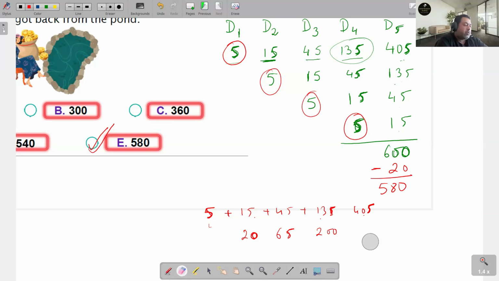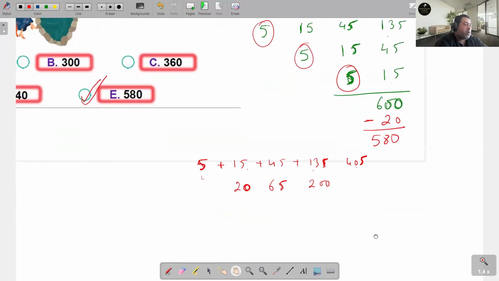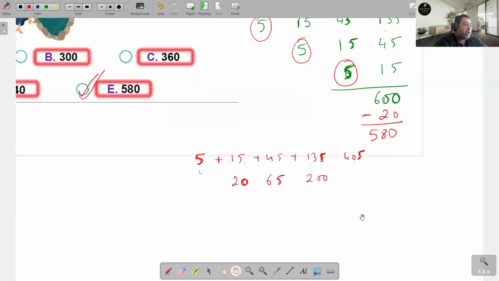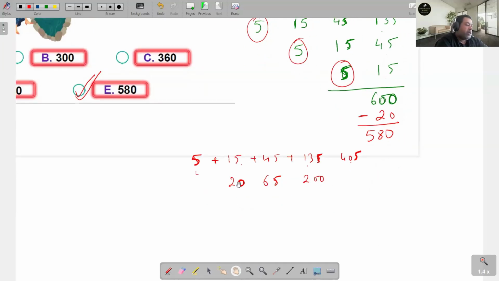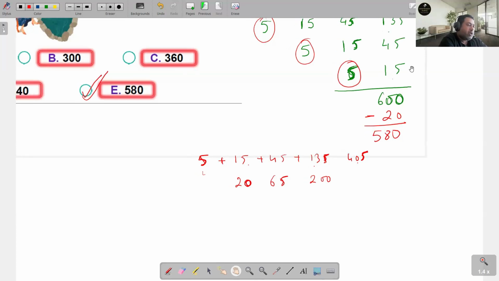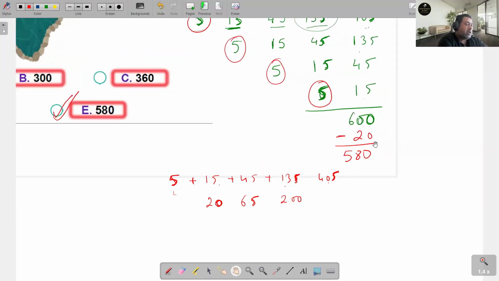You need not add this one. Okay, no, you need not do it in this way. Sorry about that. You can ignore this.